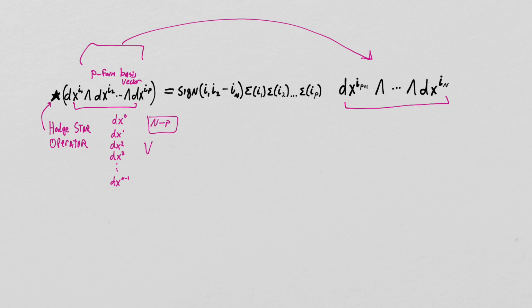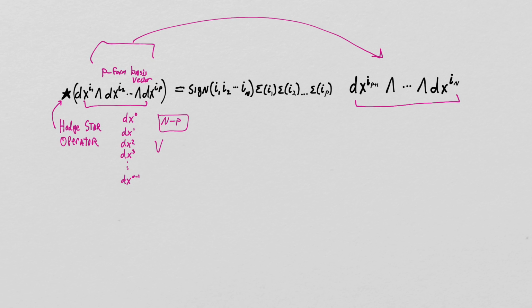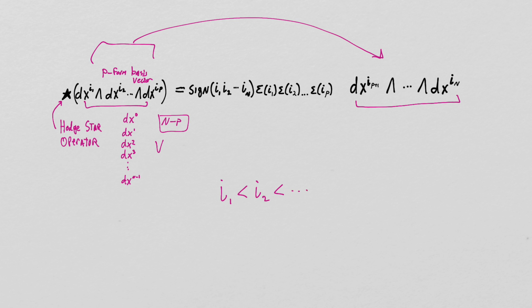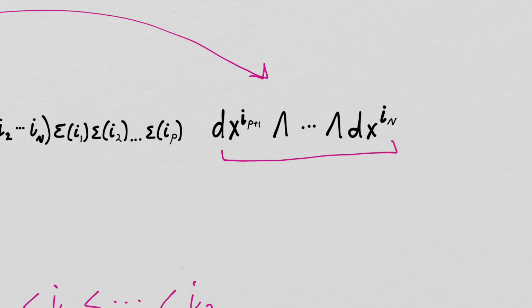But it doesn't matter what order it's in. That's very important. We have a standard preferred order where we want the indices to be increasing. So in our preferred order, it would always be the case that i sub 1 is less than i sub 2, which is less than ... i sub p. And likewise, we would expect this index to be less than this one, etc., all the way to be less than i sub n.